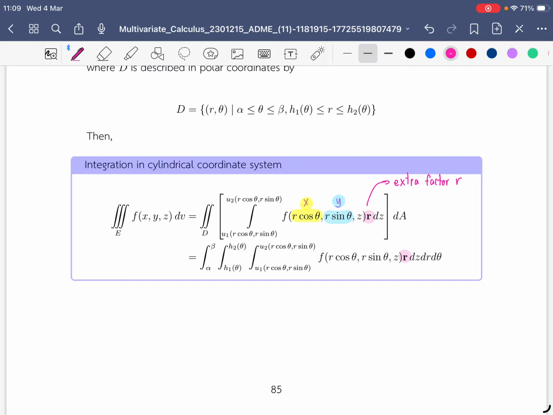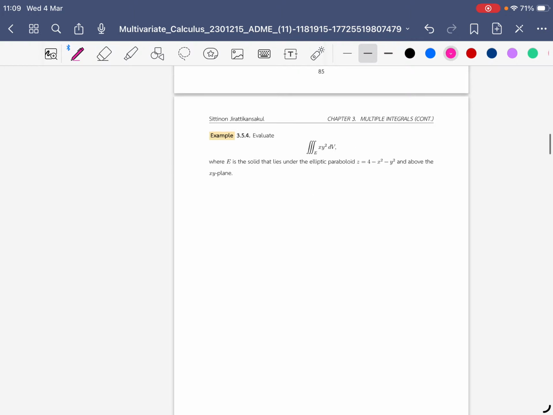I want to do the triple integral of x y squared dV, where E is a solid that lies under the elliptic paraboloid z equals 4 minus x squared minus y squared, and above the xy plane. The elliptic paraboloid is like an upside down cup, right? First, I want to consider 4 minus x squared minus y squared.